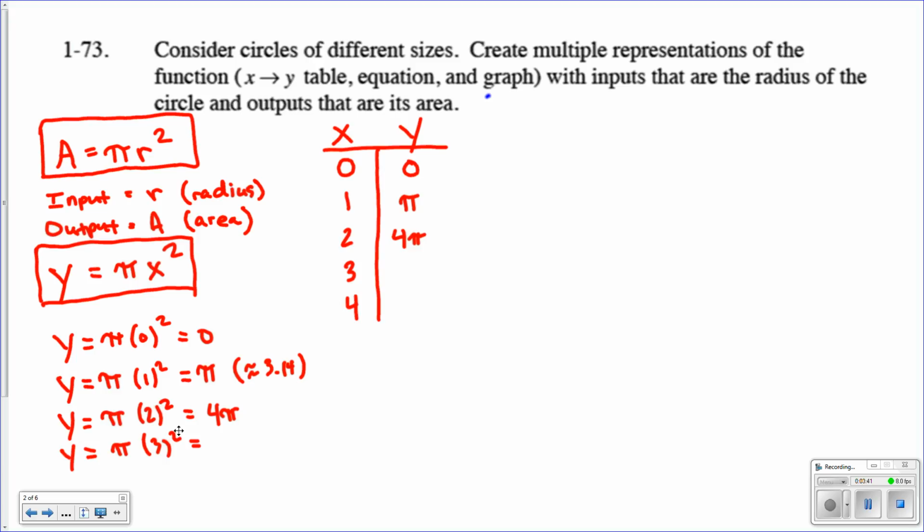Well, 3 squared is 9. 9 times pi is going to give us 9 pi. And the last one, 4, we take it and we plug it in there just because I'm following the pattern here. We have 1, we have 4. 4 is 2 squared. 9 is 3 squared. So for 4, we're going to end up with 16 pi.